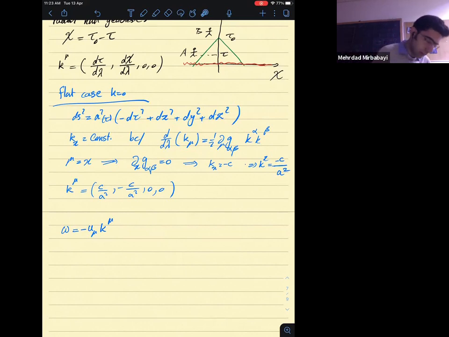In tau you can translate it, and we'll find that minus u mu times k mu is equal to c over a, which means that omega Alice times a Alice is equal to omega Bob times a Bob.